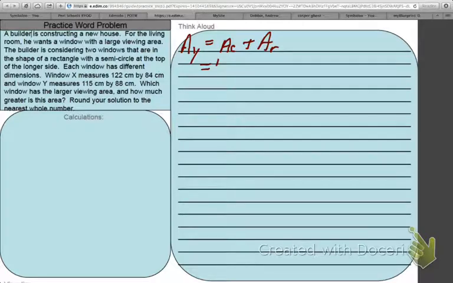So we would need pi times the radius squared, but that would be the radius for shape Y. I have to divide that by 2. That would be the length of Y times the width of Y for the rectangular portion.